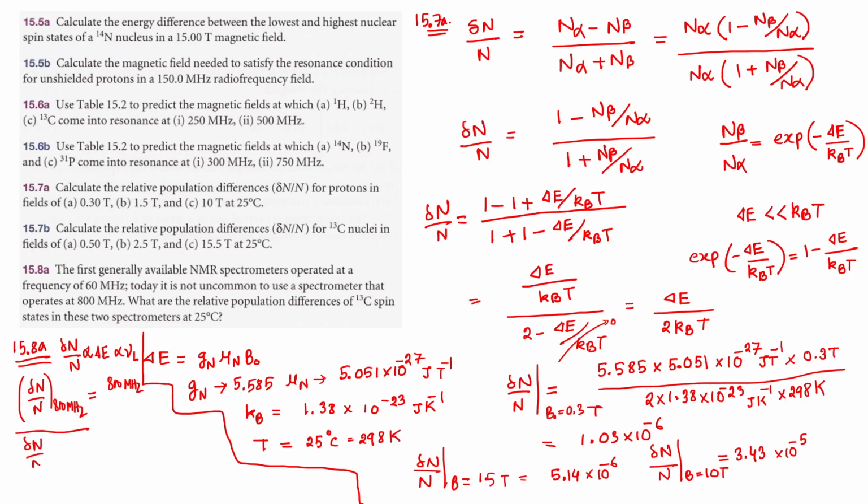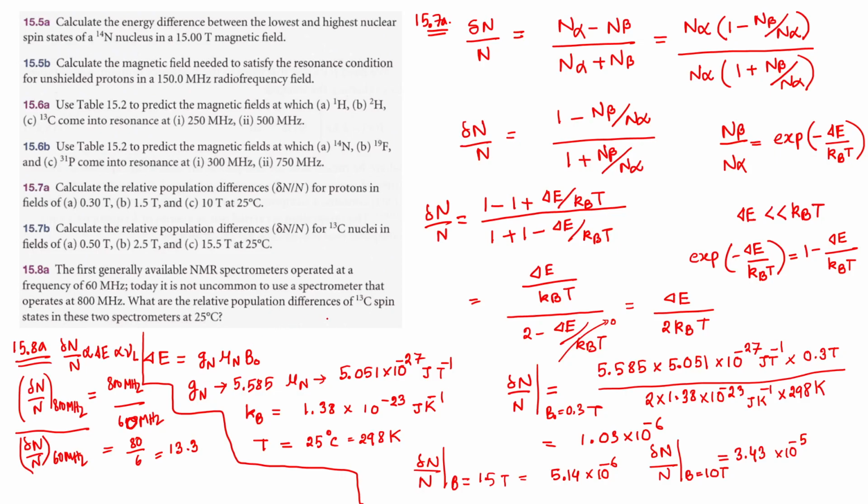And the relative population difference at 60 megahertz would be divided by 60 megahertz. So it would be something as 80 by 6, which is 40 by 3, something around 13.33, right?